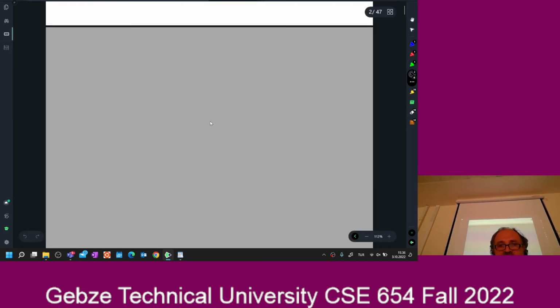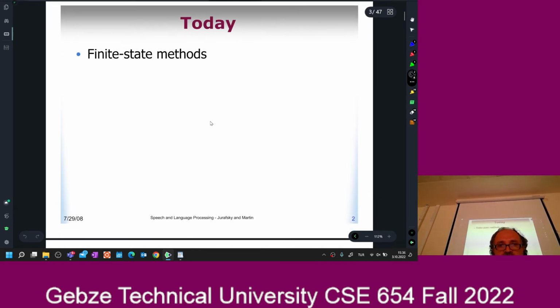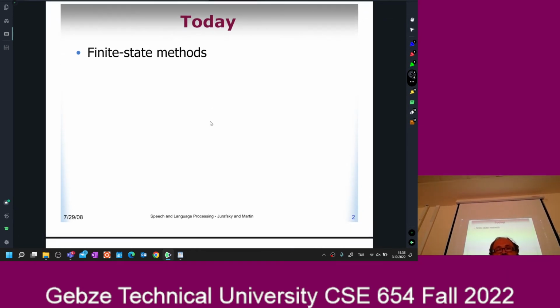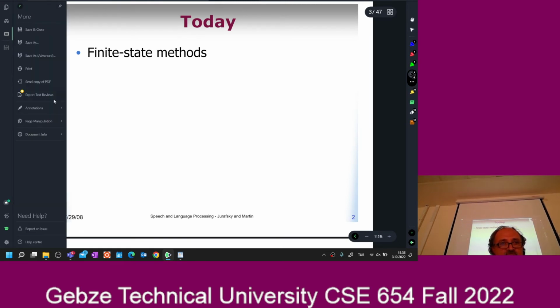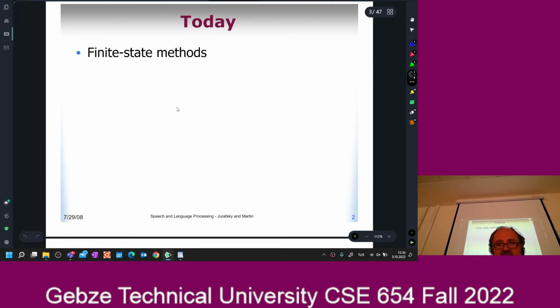So let's continue our discussion with morphology now. In morphology, one of the techniques that we use most often is the finite state methods. And today I am going to look at it. I don't think that I will have time to finish up everything. But, well, what's going on?